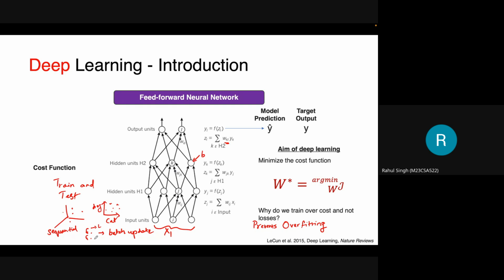Okay. So, sir, for example, if I'm giving an image of a cat and it predicts 0.1, it means the model predicted it wrong. So that's a loss for a particular image, and it refers to a single data point, right?